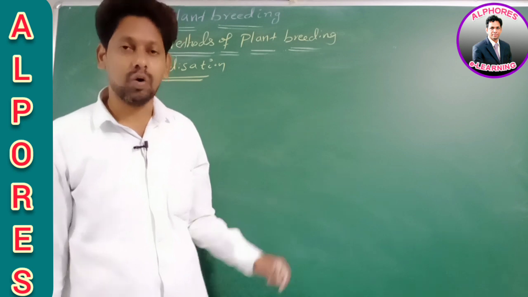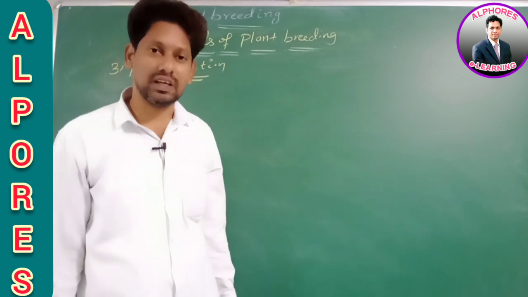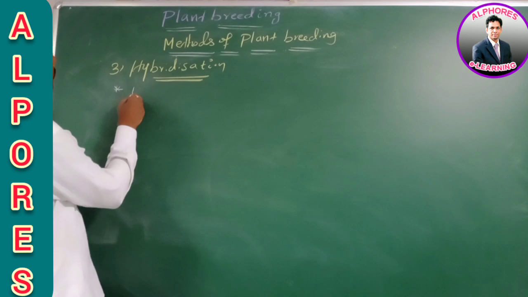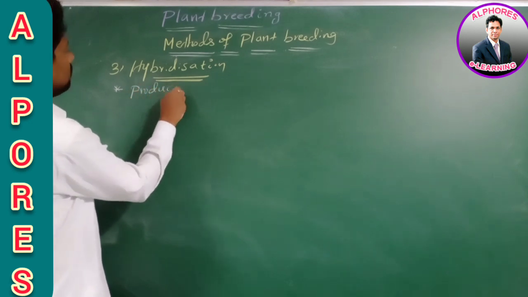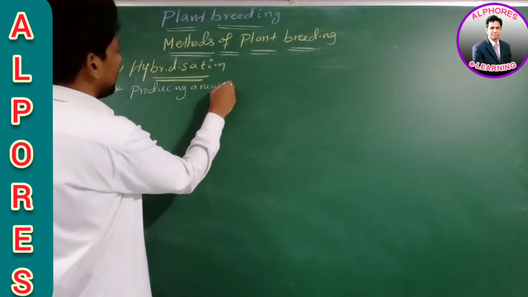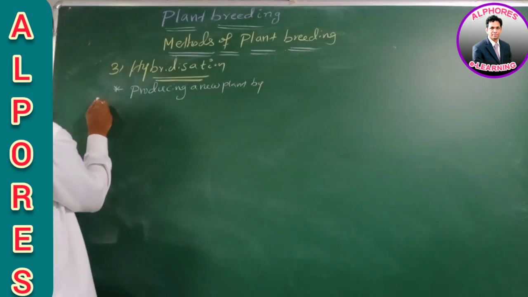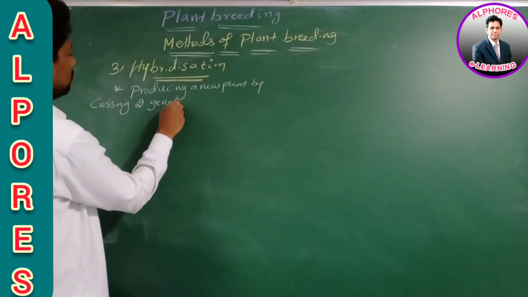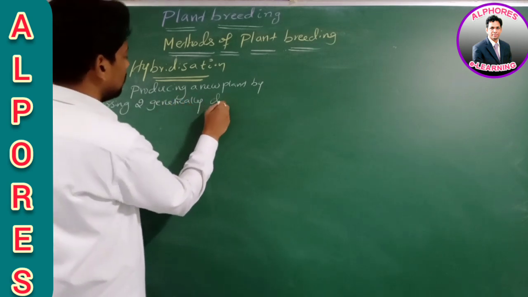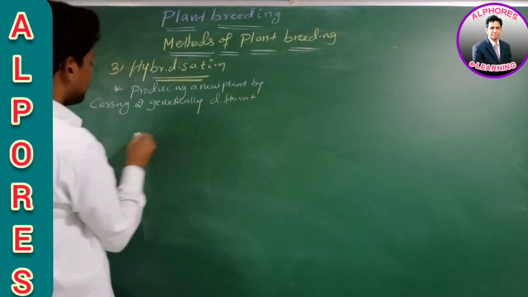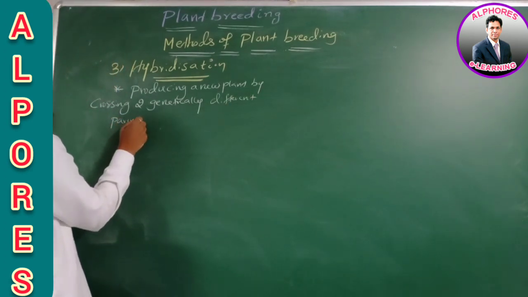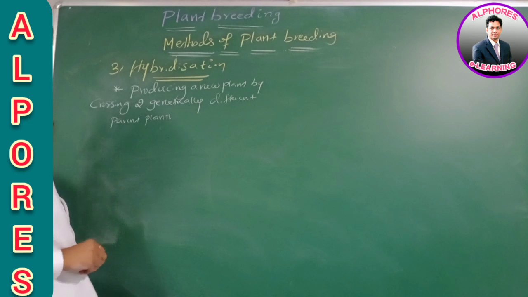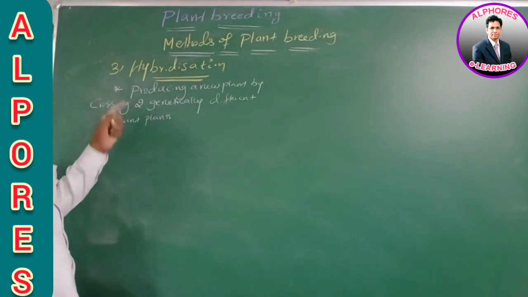Superiority of hybrid over both the parents is called hybrid vigor or heterosis.